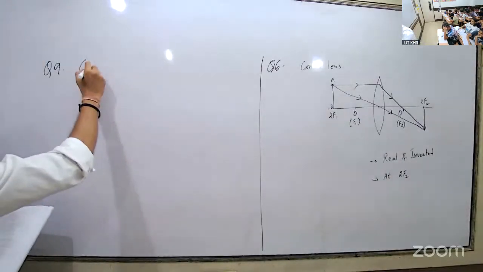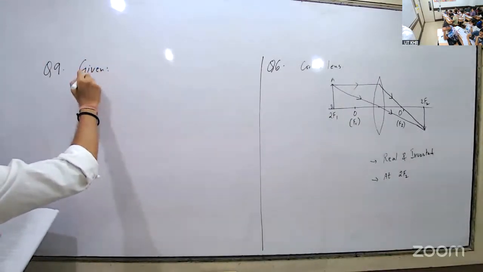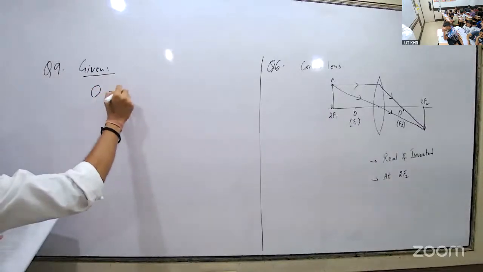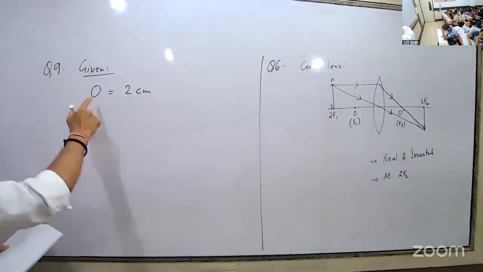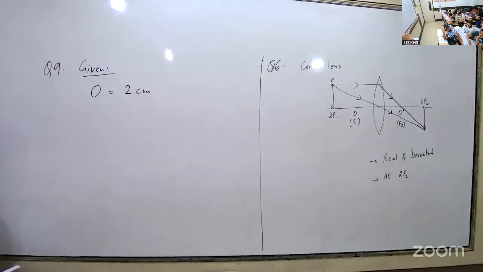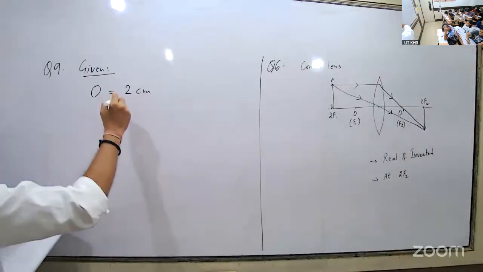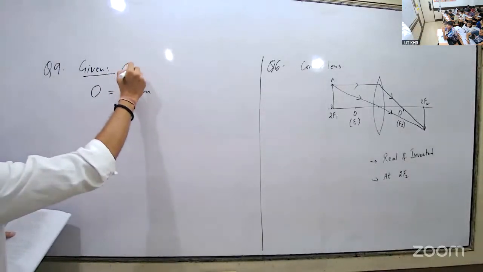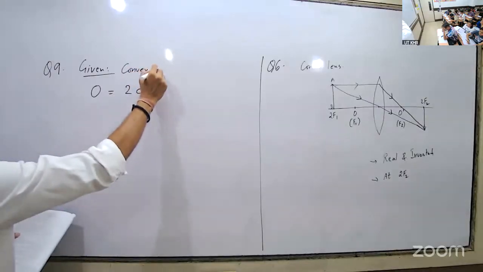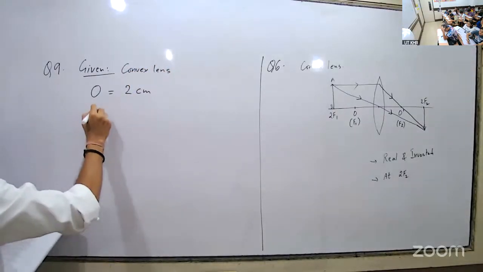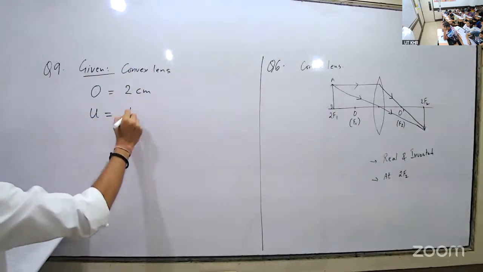So given, O is equal to 2 centimeter. What is O? Height of object. Then it is placed at a distance of 15 centimeter in front of a convex lens. Where is it placed? 15 centimeter.